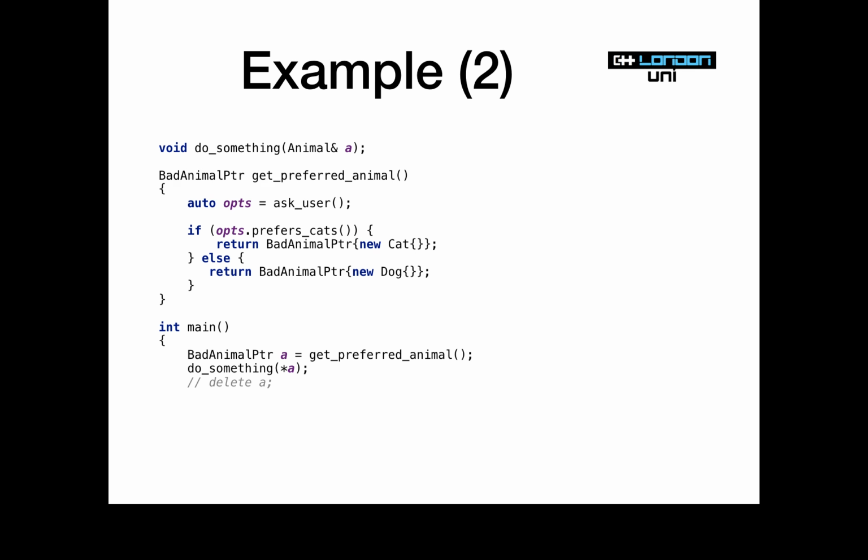But here's the point. Here's why we're going through all these hoops. It's because we no longer need to write this line. We no longer need to manually delete A, because the destructor of our BadAnimalPointer here is going to call delete for us.